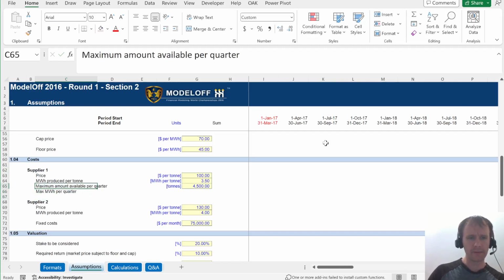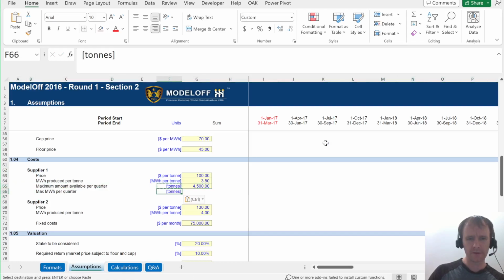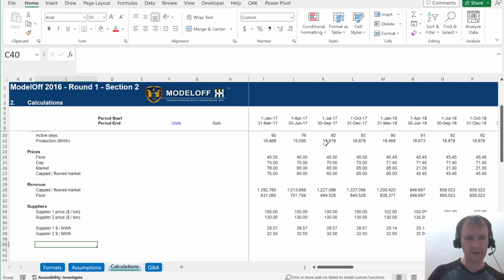So we're given a cap for supplier 1. The most you can buy is 4,500 tons, but I'm going to do my calculations in megawatt hours, so it's more useful for me to convert that into a megawatt hours cap. So if it's 3.5 megawatt hours per ton, then 4,500 tons will be 15,750 megawatt hours.